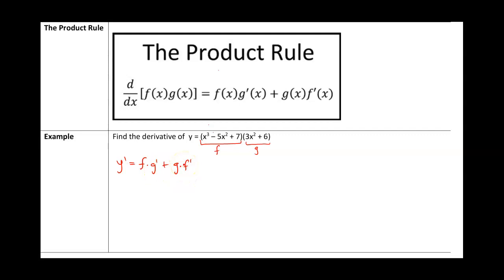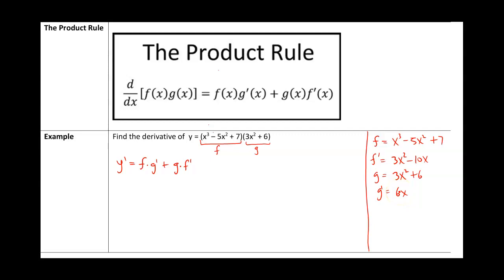What I do recommend is that you organize your information. So maybe on the side, write down what all four of these terms are. So f is x cubed minus 5x squared plus 7, and f prime is 3x squared minus 10x. 3 comes down, 2 times 5 is 10. g is your second term, 3x squared plus 6. 2 comes down and we get 6x.